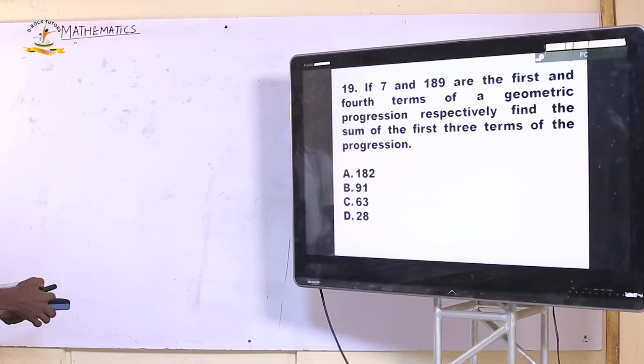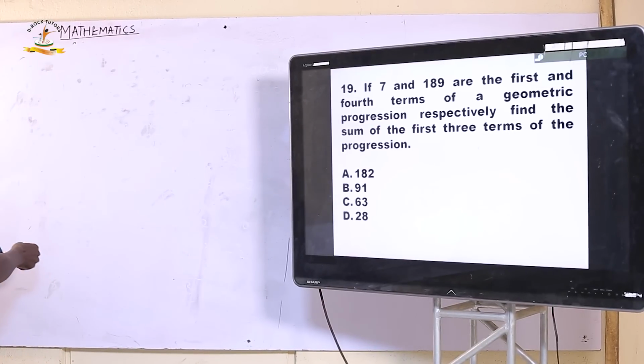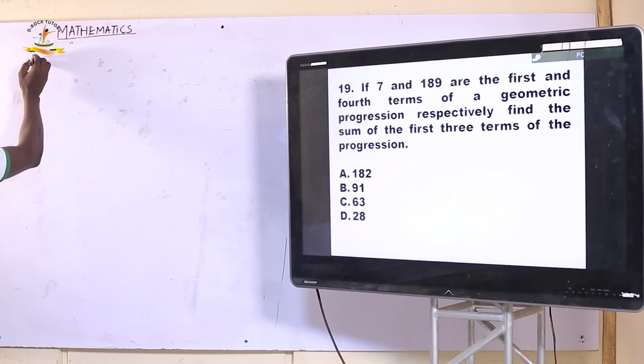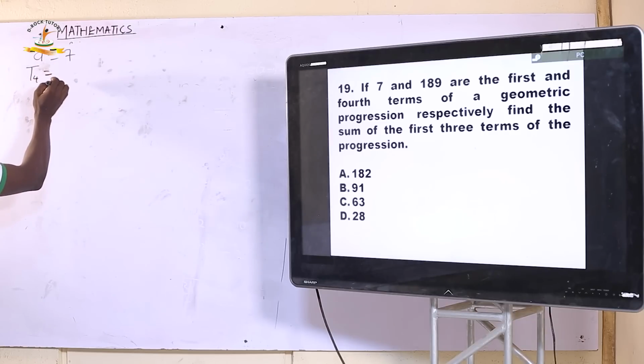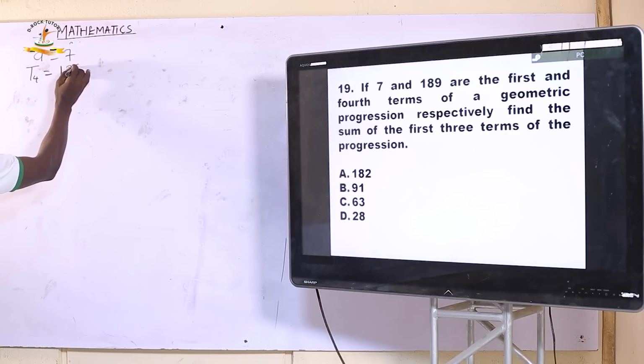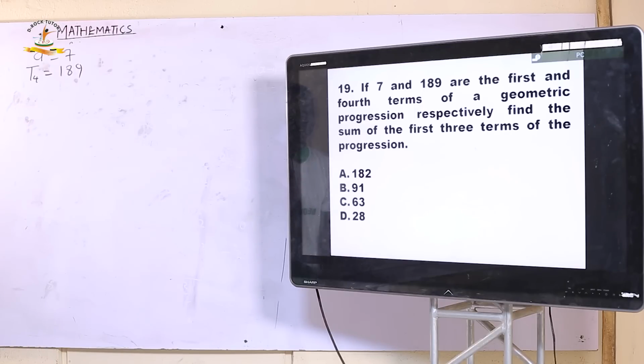We have the first term is 7, and don't forget the first term is always indicated as what? A equals 7, and the fourth term we call it T4. It is equal to what? 189. So we need to find the sum of the first 3 terms of this progression.